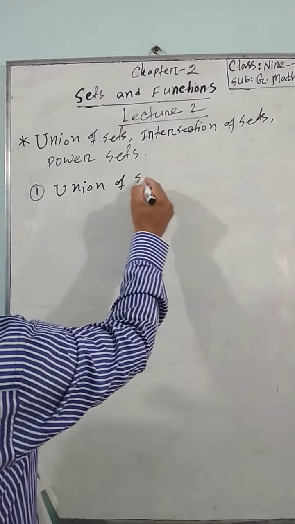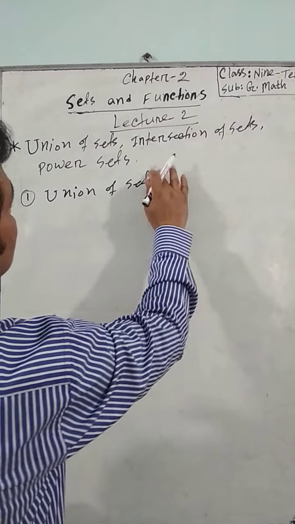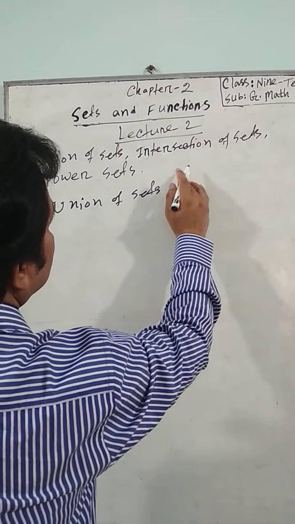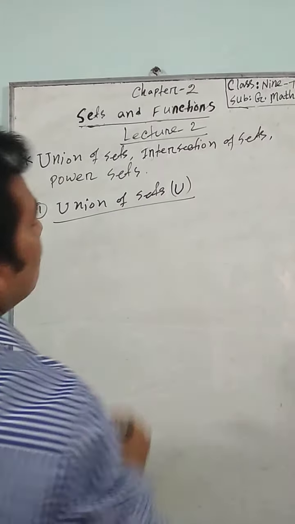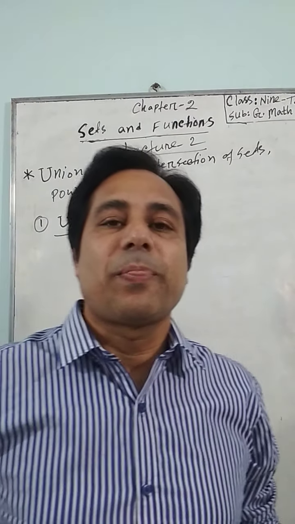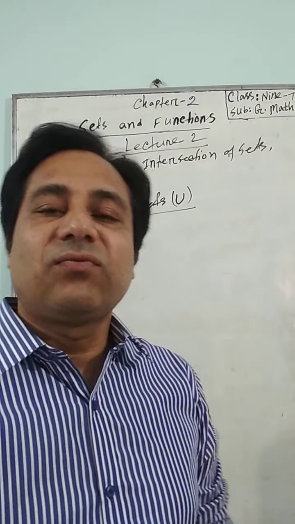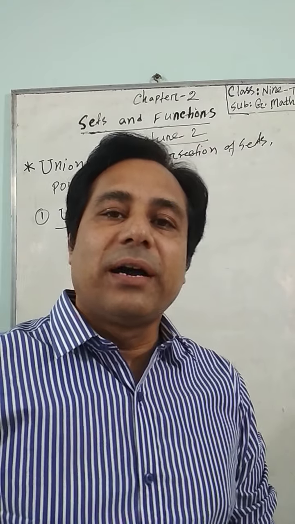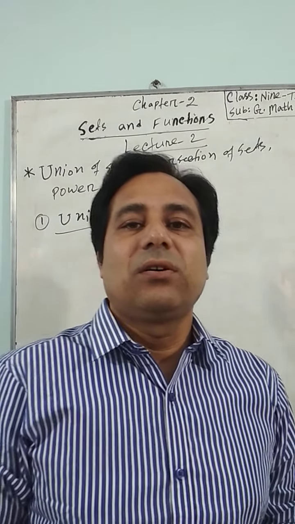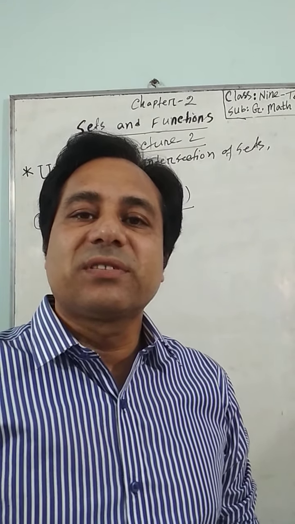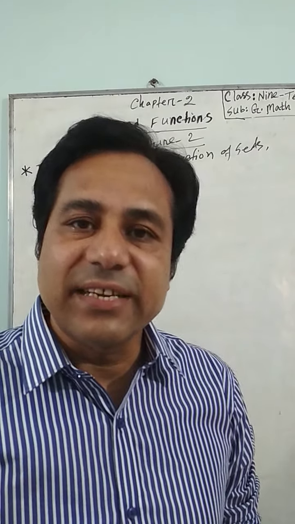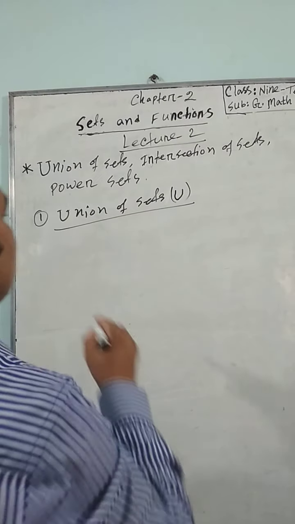union of sets. What is union of sets? The set formed by taking all elements of two or more sets is called union of sets. Look at the board.